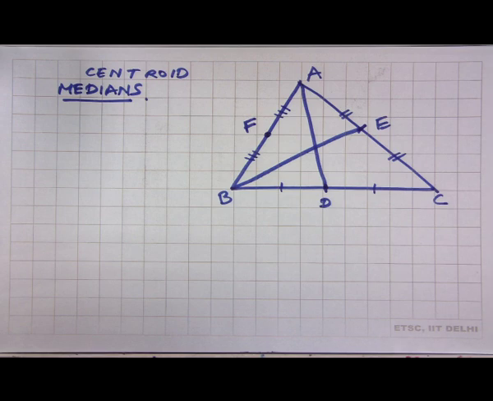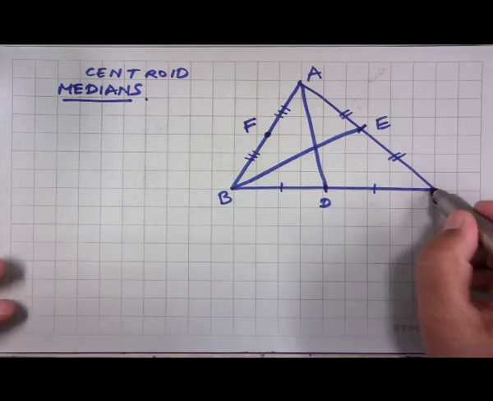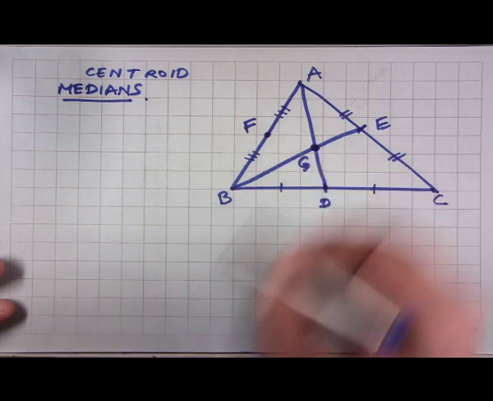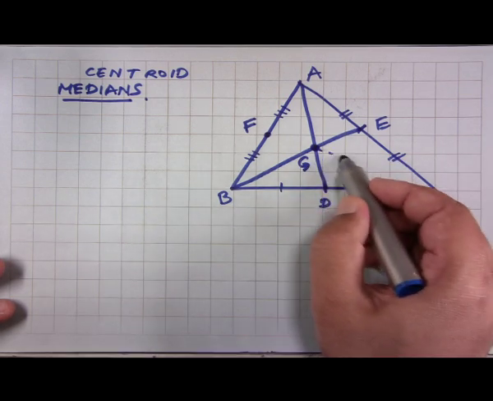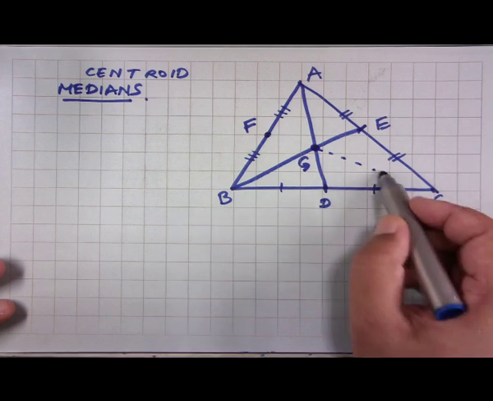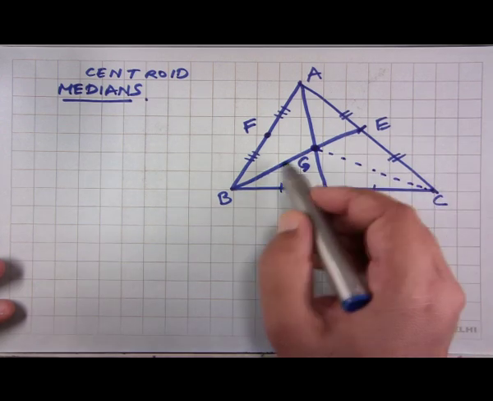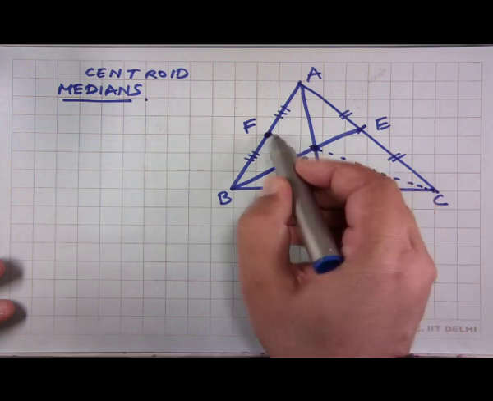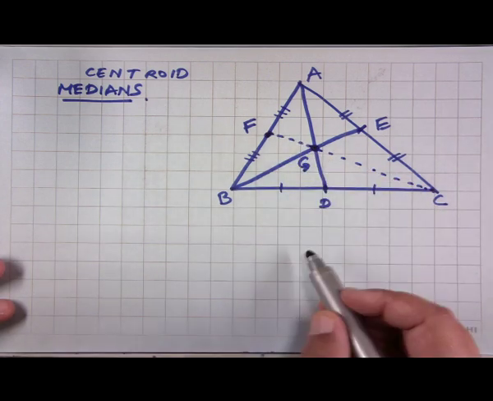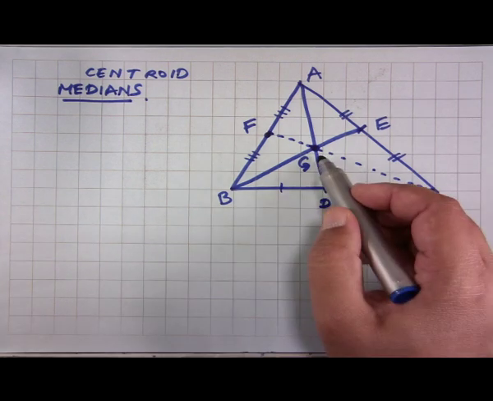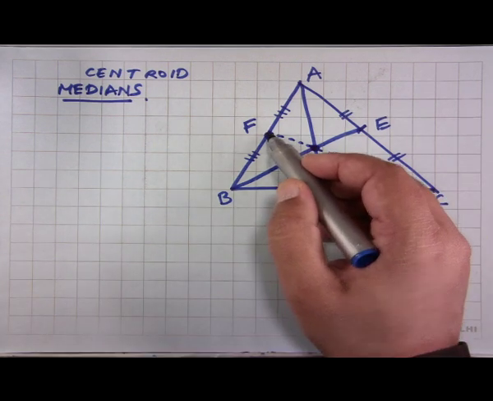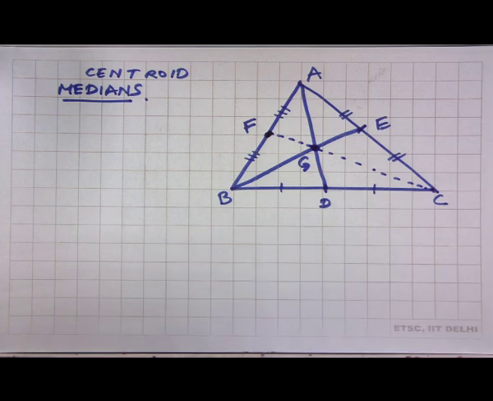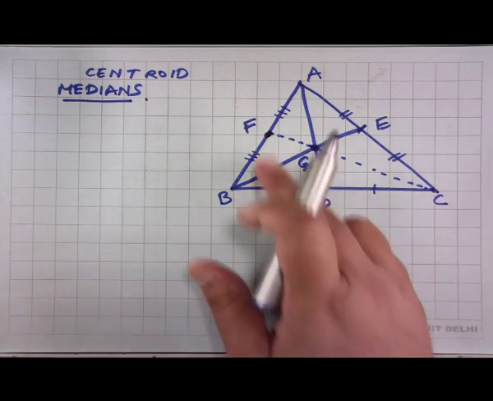First of all, we will connect C to the point of intersection of these two medians, which we denote by G. Then we will prove that if we extend this line segment CG further like this, then this line CG, when extended, will intersect the opposite side AB at exactly the midpoint of this side AB, which is at point F.